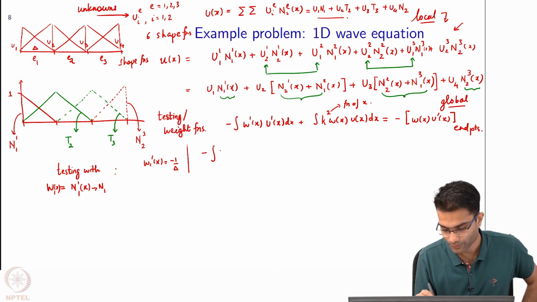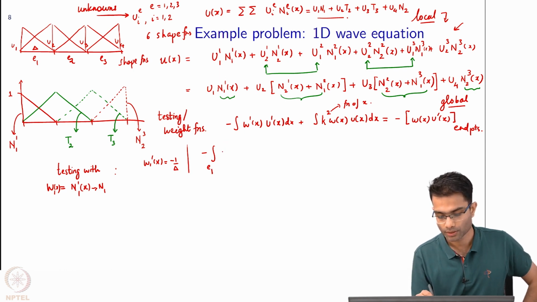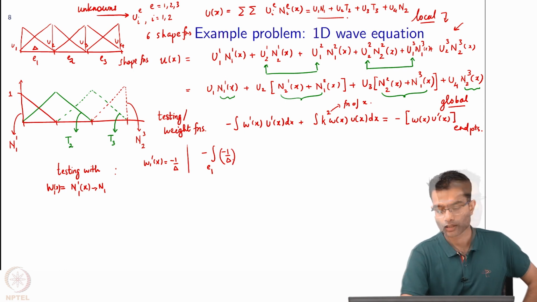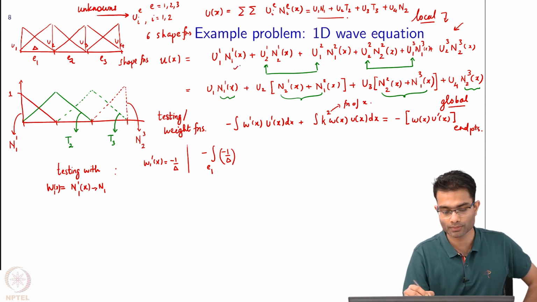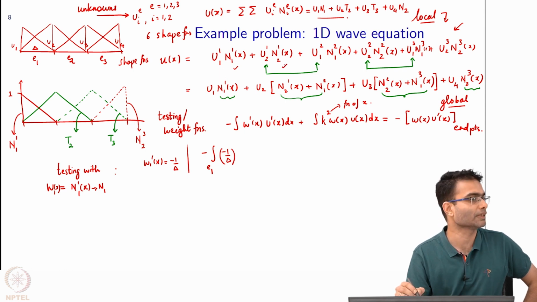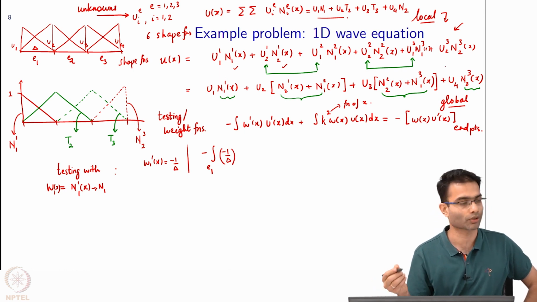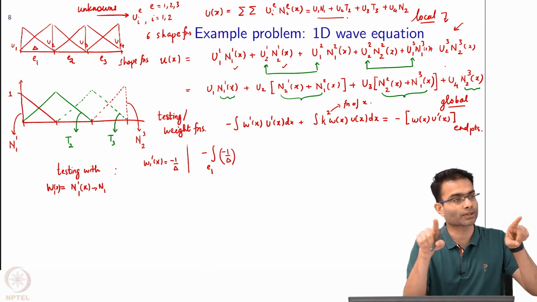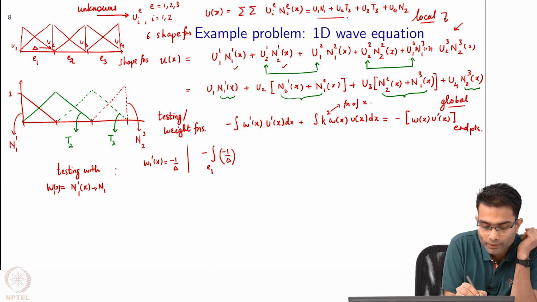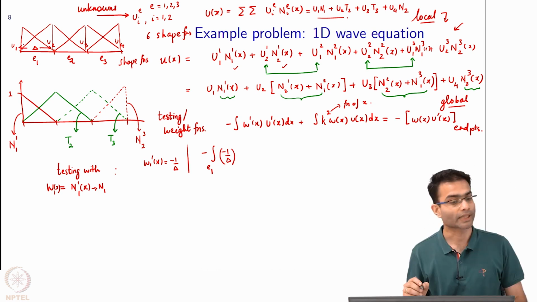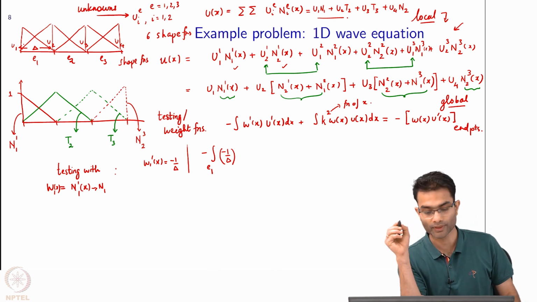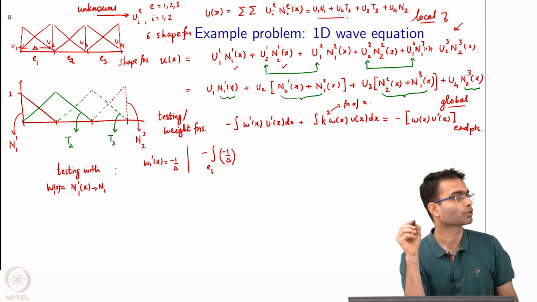Minus integral over E1, W prime x is, we said, minus 1 by delta, times U prime x. I have to take the derivative of this term and this term, because both of them are non-zero in E1. These other terms will not appear because they are not in the support. Delta is the width of the segment, this delta which I have marked over here. I have W prime x, this is W dash.